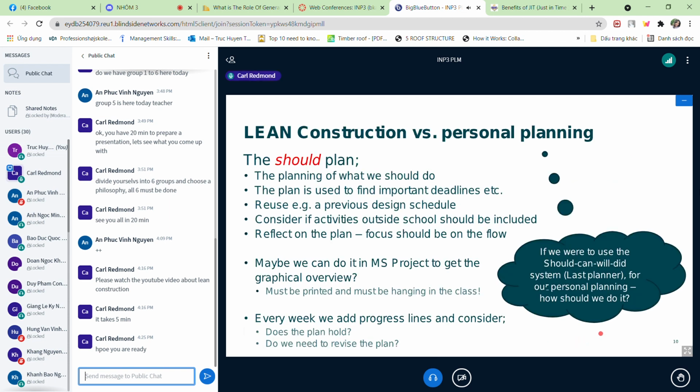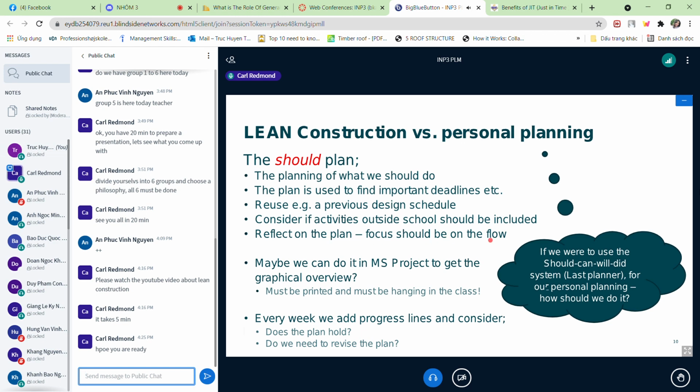So let's go a little bit deeper in here. What we should plan is the planning of what we should do, the plan used to find important deadlines. You can reuse previous design schedules that you've used here at UCN. Consider if activities outside of school should be included. Are there some things that you have to do through the week that conflict with your schoolwork, or your work here at the university? And also reflect on the plan.